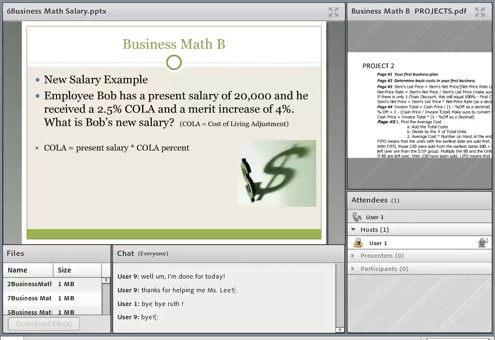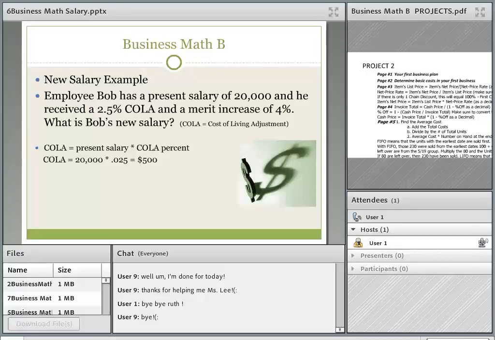So the first thing we're going to start with is we're going to determine what the cost of living adjustment is. And remember, we take the present salary times the COLA, cost of living adjustment percentage. When you multiply the 20,000 that's given to us and the percent, remember you move the decimal twice to the left, 0.025, you get $500.